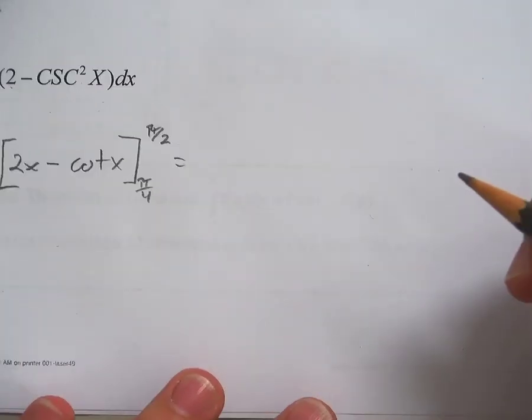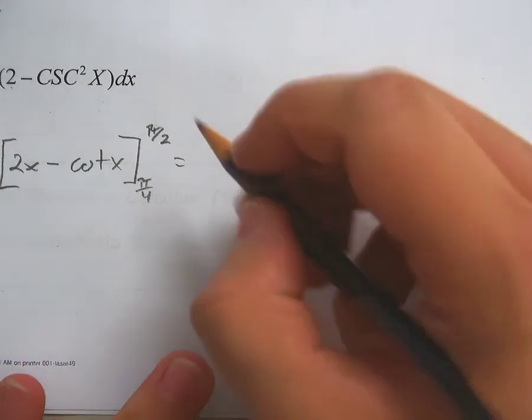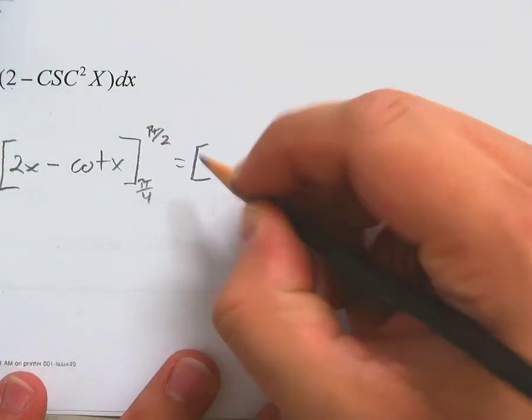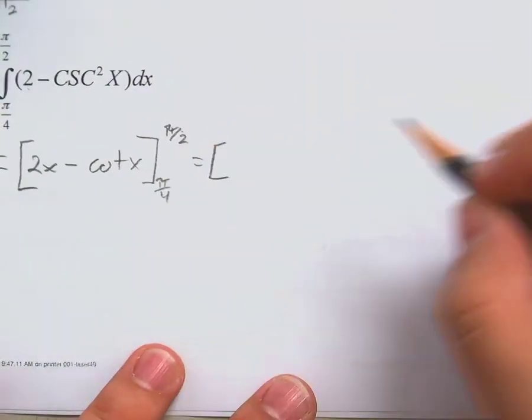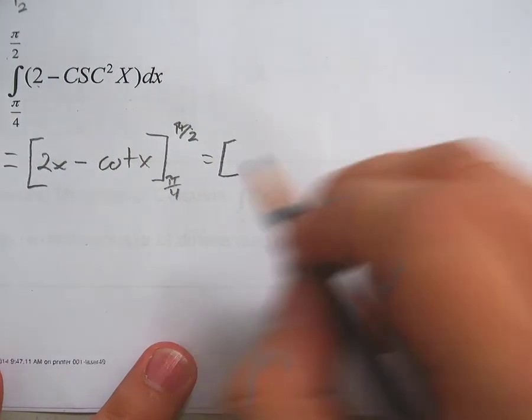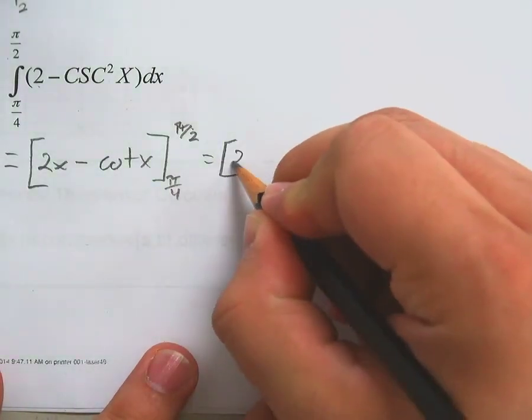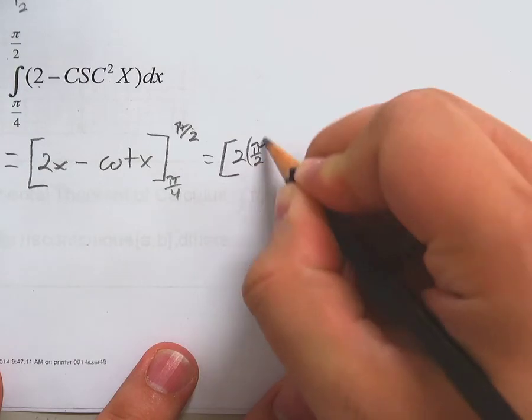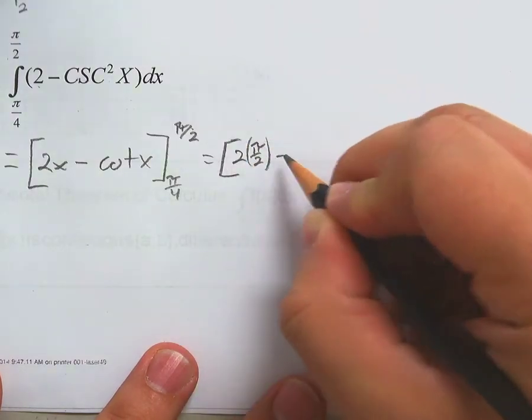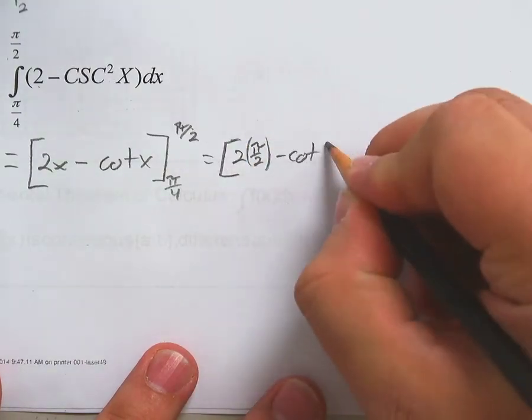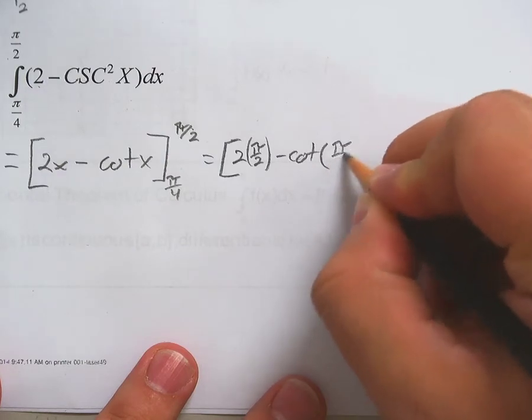Which is going to be, let's do pi over 4, or excuse me, pi over 2 first. F of b always goes first. So this is going to be 2 times pi over 2. I'm going to show my work on this one. I seem to be getting confused early this morning. Cotangent of pi over 2.